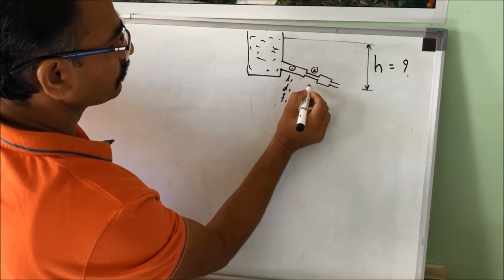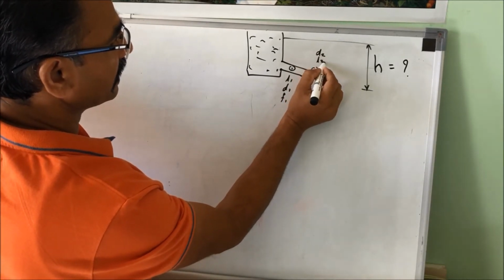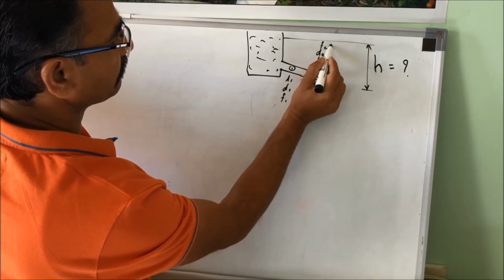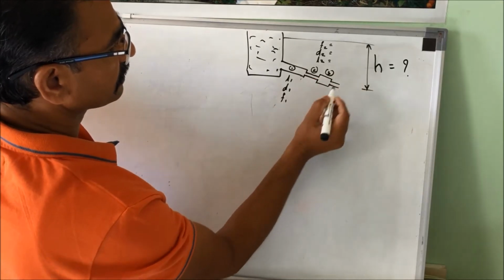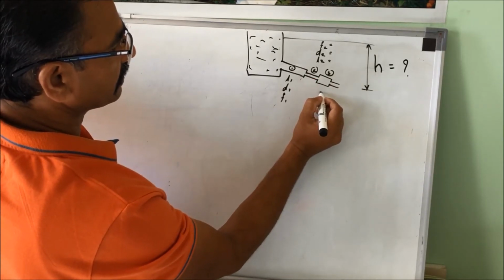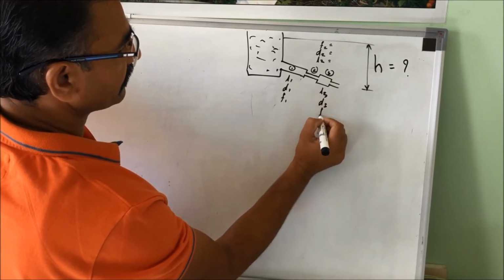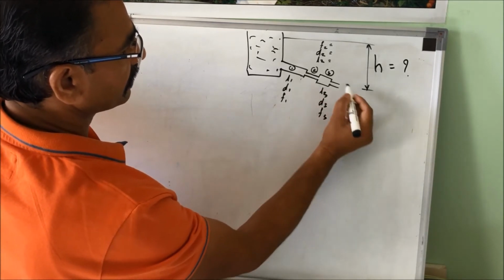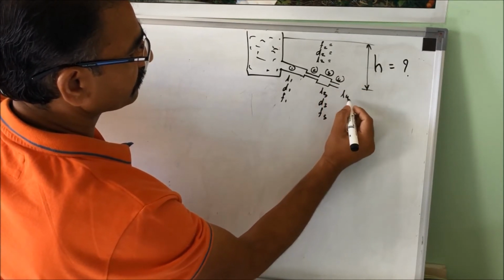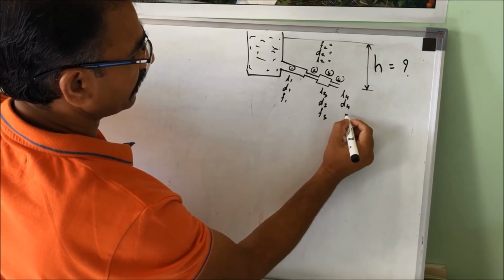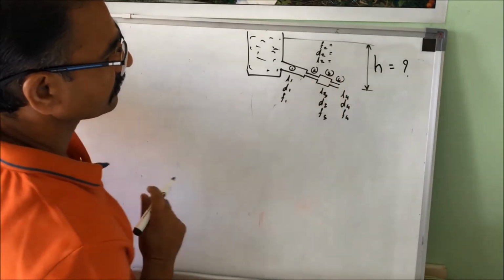This is pipe 2 having diameter D2, length L2 and friction factor F2. Then this is pipe number 3 having length L3, D3 and friction factor F3. Then this is pipe 4, having L4, D4 and F4, and this is at the exit.